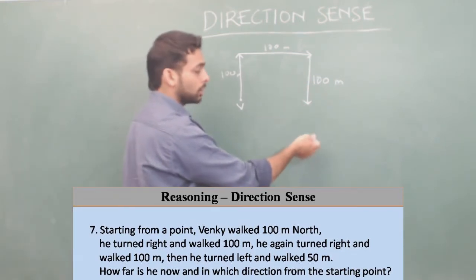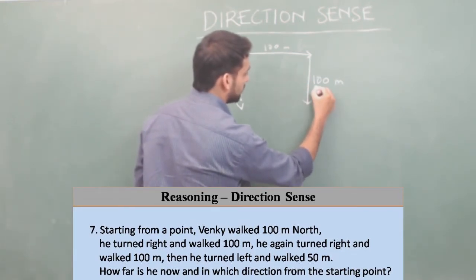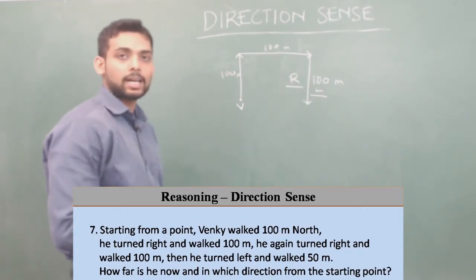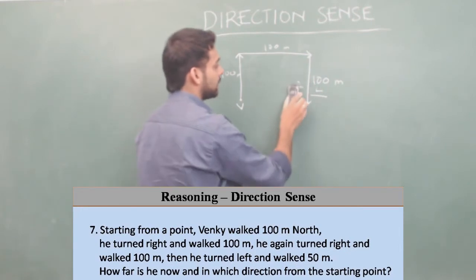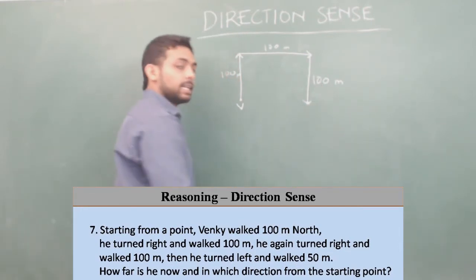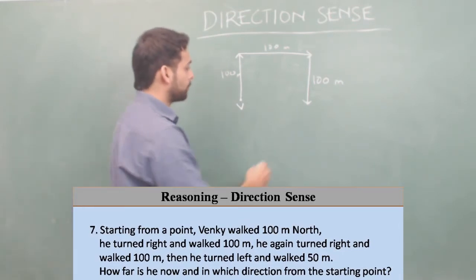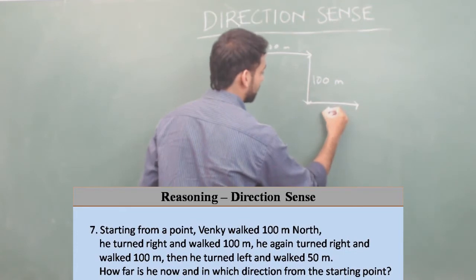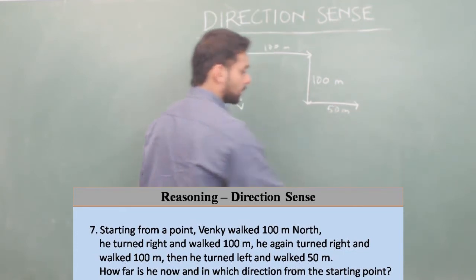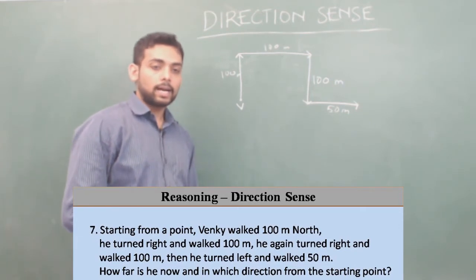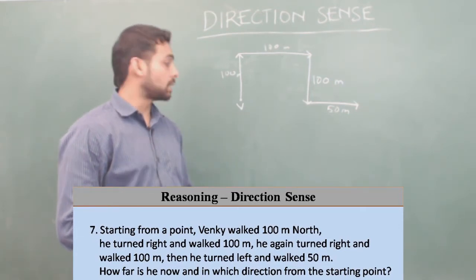So now that he is walking towards the south, this is his left and this is his right side. So Venki turns left and walks 50 meters. Okay, how far is he now and in which direction from the starting point?